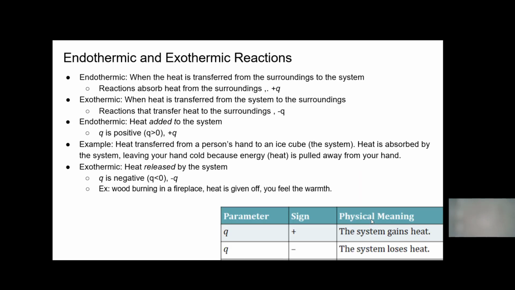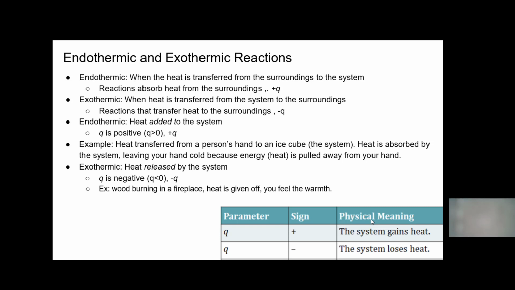So endothermic and exothermic reactions. When the heat is transferred from the surroundings to the system, the reactions absorb heat from the surroundings. I'll cover Q in a minute. Exothermic is when heat is transferred from the system to the surroundings, and reactions transfer heat to the surroundings, such as a fireplace. Endothermic, heat is added to the system.